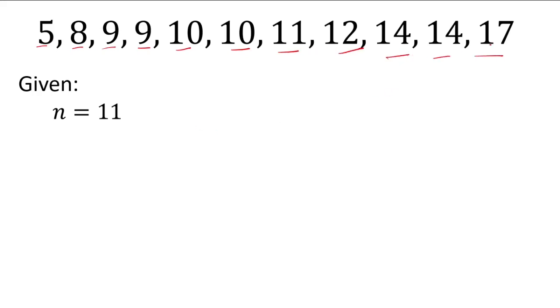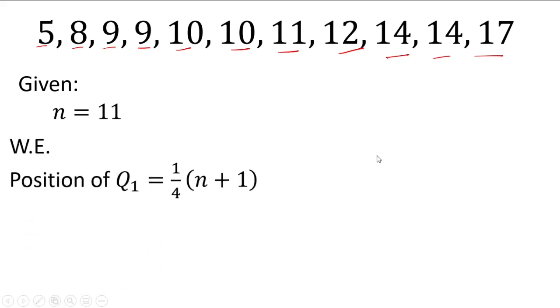Okay, so first things first, given the distribution, you have to arrange it in ascending order. Since our given is already in ascending order, let's proceed with the given. So given natin n is 11. How did we know that it is 11? Just simply count all the scores. 1, 2, 3, 4, 5, 6, 7, 8, 9, 10, and 11. So we have 11.